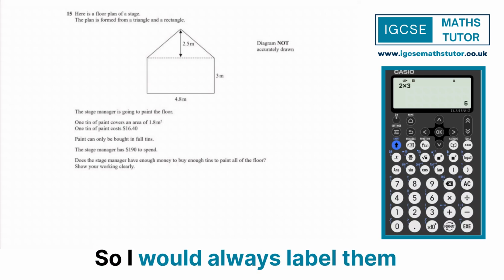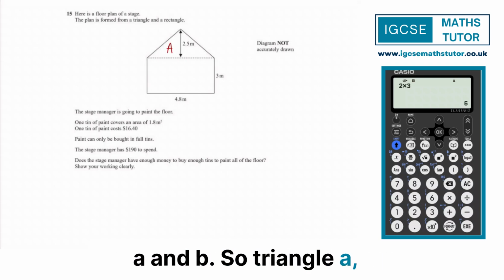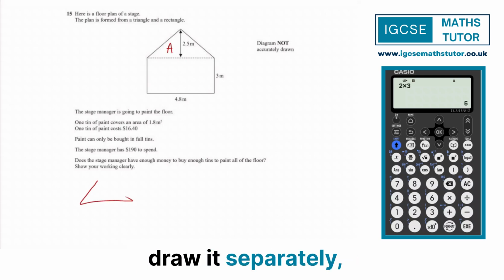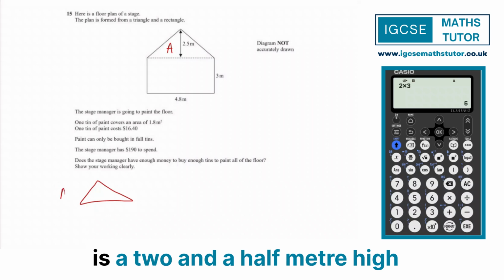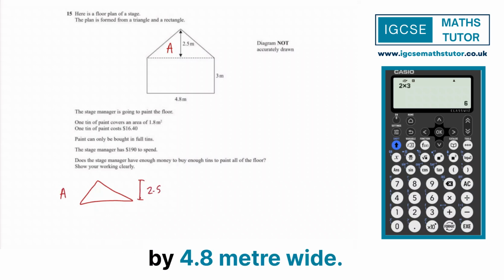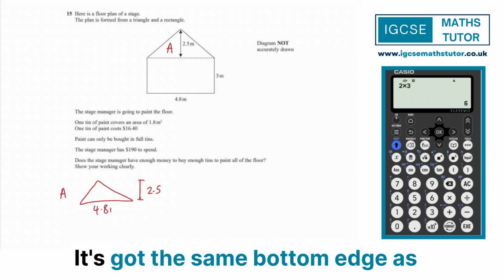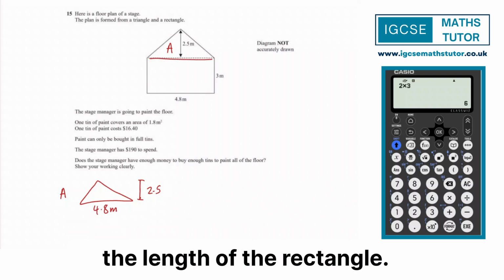So I would always label them A and B. So triangle A, and it can help just to draw it separately, is 2.5 meters high by 4.8 meters wide. It's got the same bottom edge as the length of the rectangle.